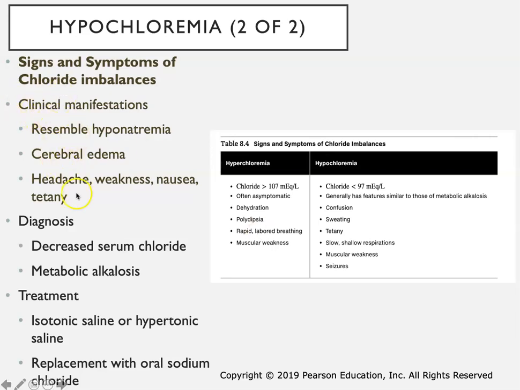Here are some clinical manifestations of hypochloremia, which resemble hyponatremia. The symptoms for chloride imbalances and sodium imbalances are similar. Remember, both are predominantly present in the extracellular fluid, and they really do affect one another.